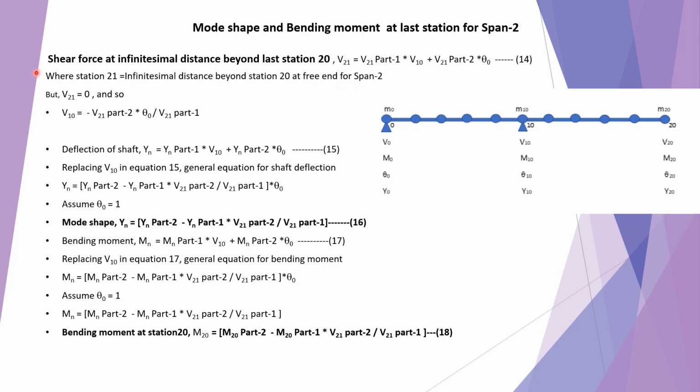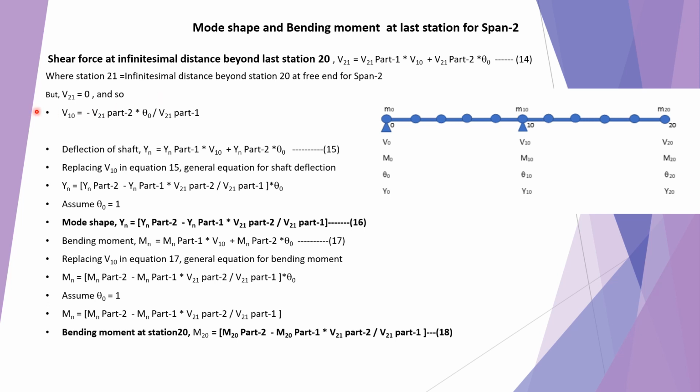In the same way, we can calculate the shear force at an infinitely small distance beyond station number 20, which we can call station number 21. So we can write V21 is equal to V21 part 1 into V10 plus V21 part 2 into theta 0, equation number 14, where station 21 is an infinitely small distance beyond station number 20 at the free end of span number 2.